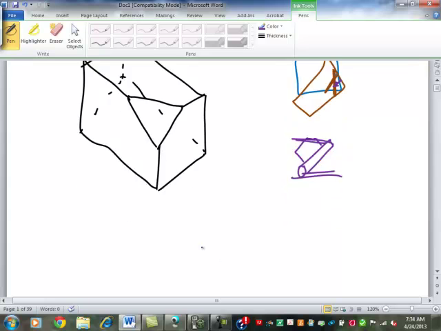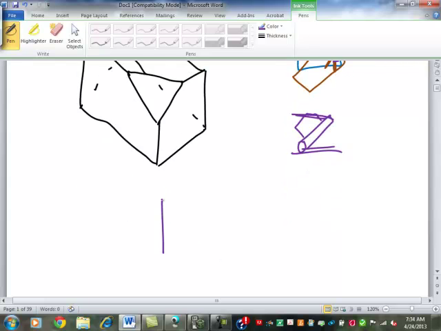So the angle of rotation is just this angle right here. If you're looking at it from the top, this is our angle of rotation. We have to go from this edge to that edge. Or we could rotate the other way. We could use this as our angle of rotation if we wanted to. It really doesn't matter.